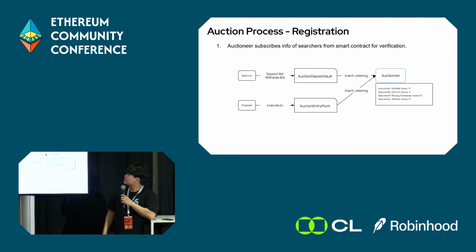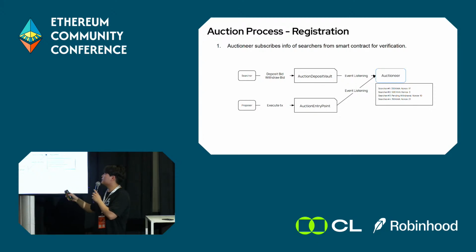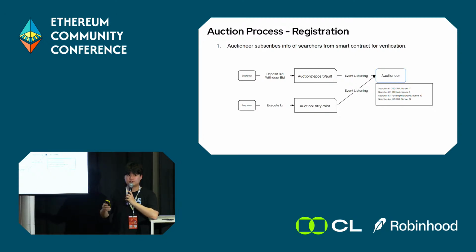And we will look into this step by step. So first of all, as I said before, the auctioneer subscribes the info of searchers from the smart contract. In the EVM blockchain, we can subscribe to the events that occur by the execution of a smart contract.